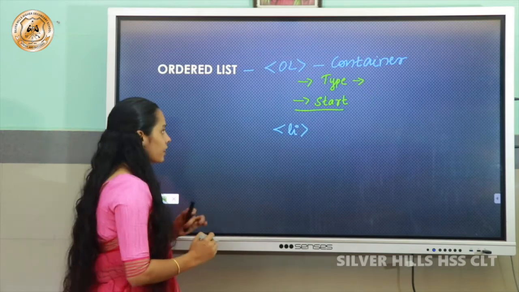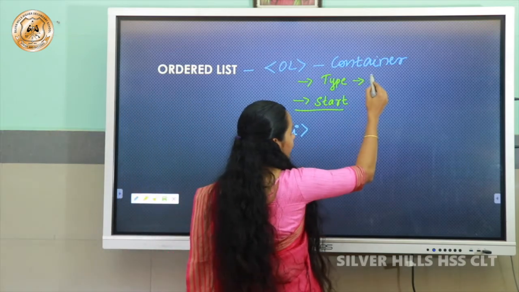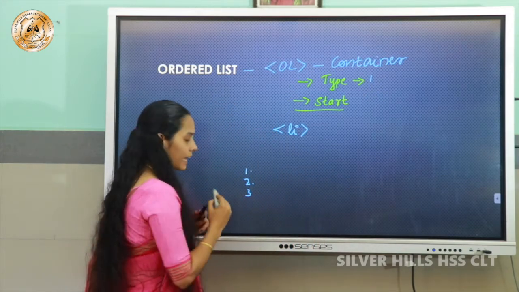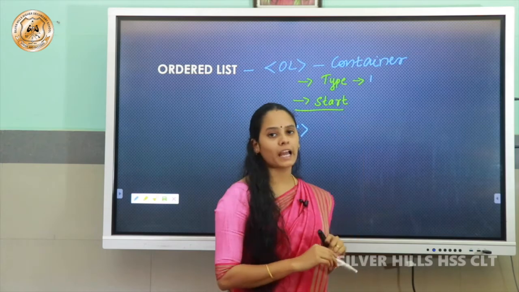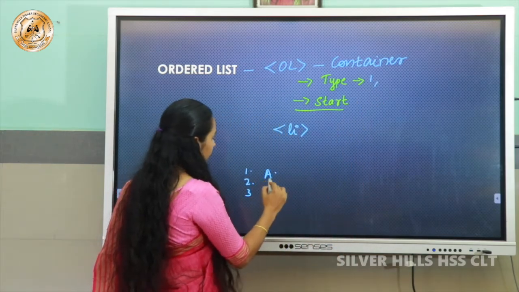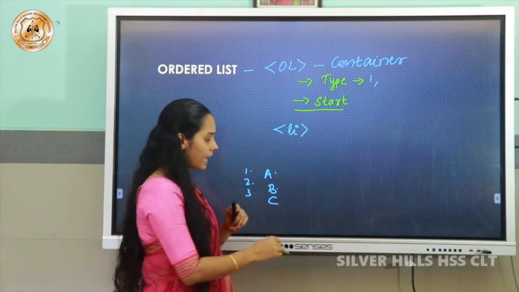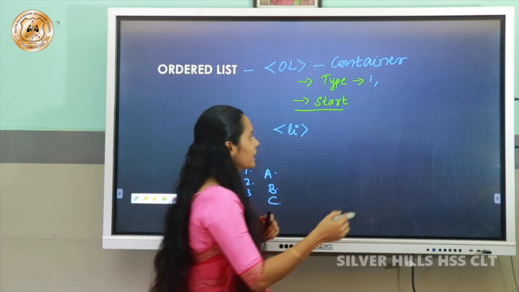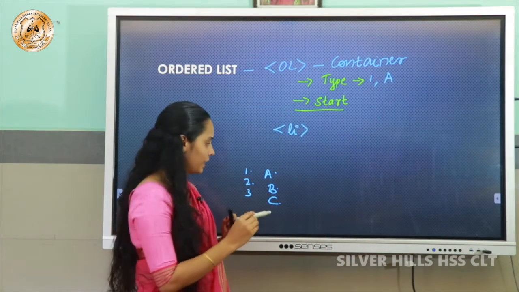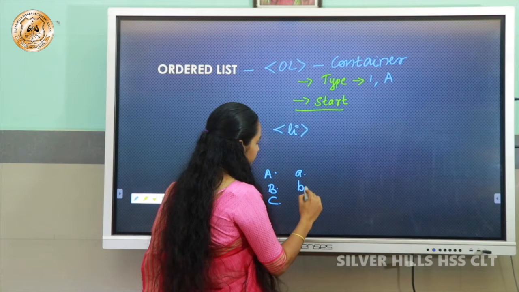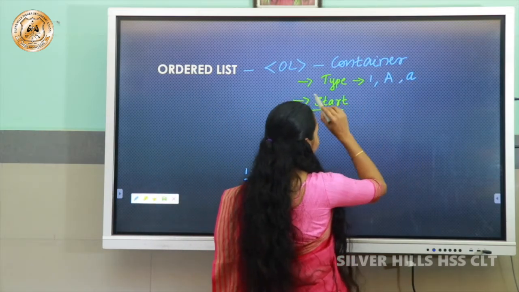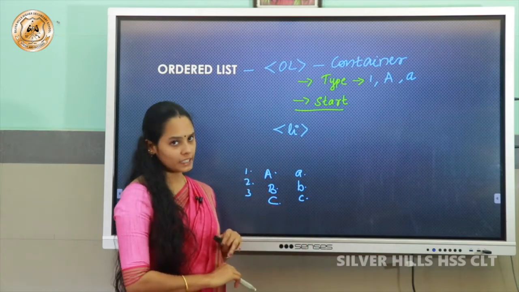If you want to get your list as 1, 2, 3, you can use the value of type as what? 1. And if you want to get capital letters A, B, C, then you can give the value of the type attribute as what? A. And if you want to list the items as small letters a, b, c, then you can use small letter a as the value of the type attribute.